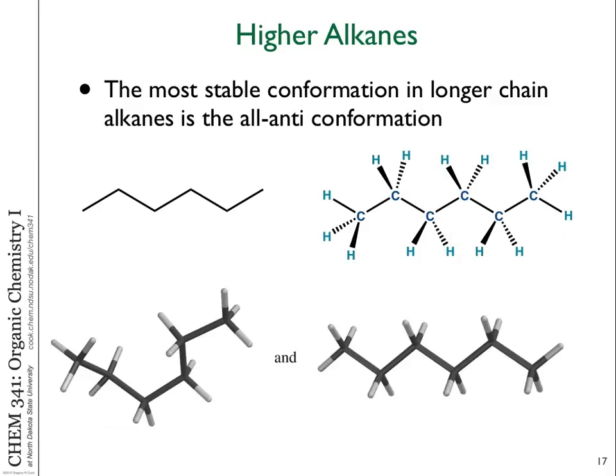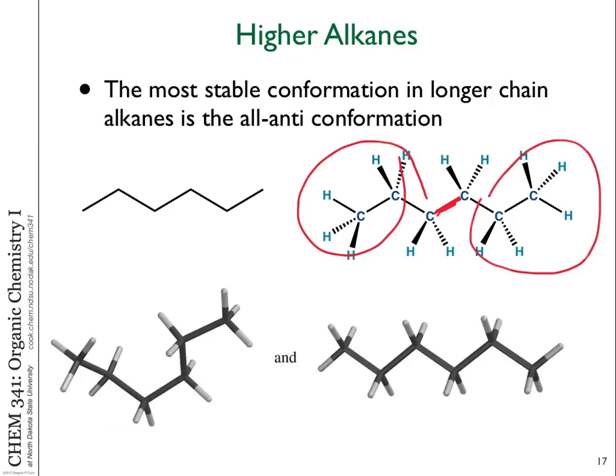If you take a look at this carbon-carbon bond, this group and this group are 180 degrees apart, or anti. Okay, and you can do that all the way down the line. So this fully extended way to draw is the lowest energy.